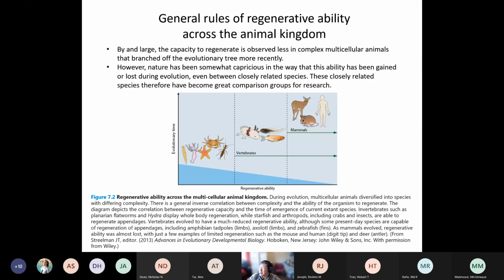Okay, so the general principle here, we say by and large, the capacity to regenerate is observed less in complex multicellular animals, yet in the lower species, the power is greater.